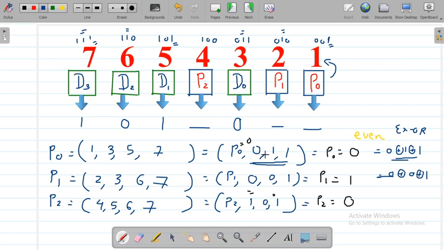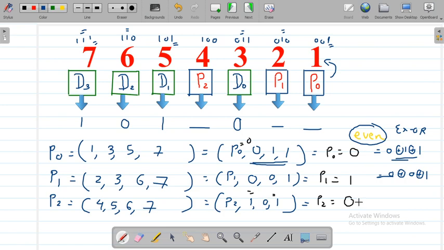According to the question, here we are designing for even parity. Here the number of ones is already even, so the parity bit P0 should be 0. Here the number of ones is odd, so to make it even, P1 should be equal to 1. Here there is already an even number of ones, so P2 should be equal to 0.